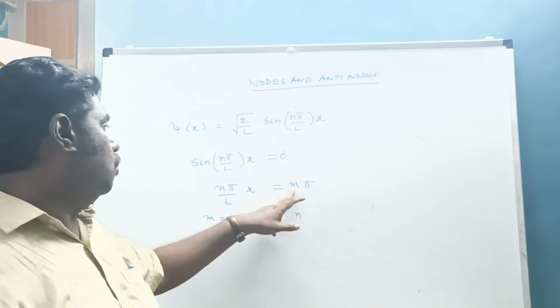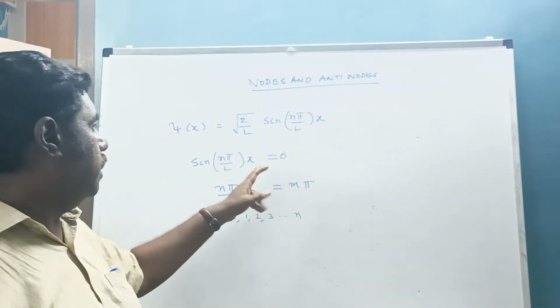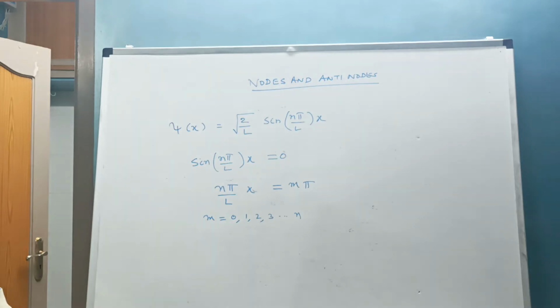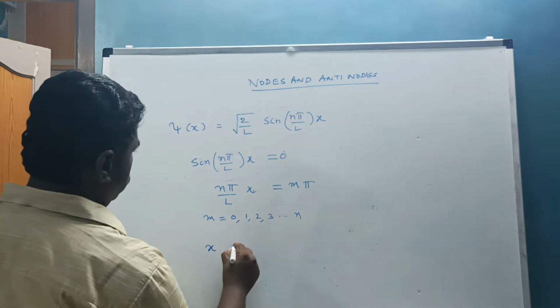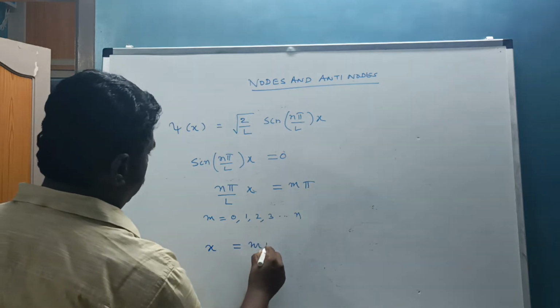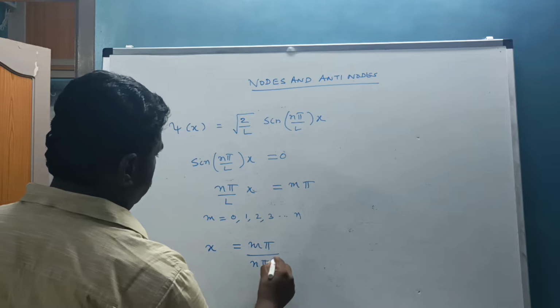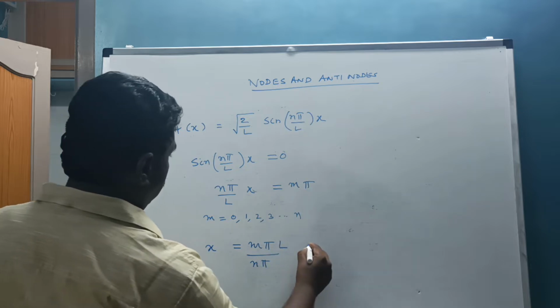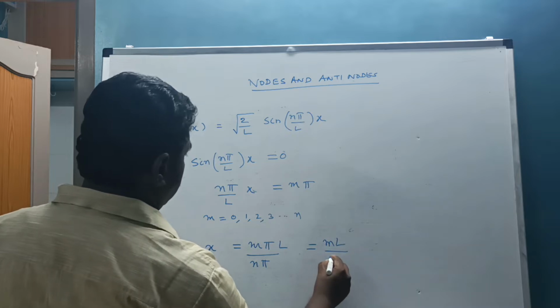If you put m equal to 1, the value of n pi by L into x equal to pi, and sin pi is also 0. From this, the value of x equals m pi divided by n pi into L, which is equal to m L by n.